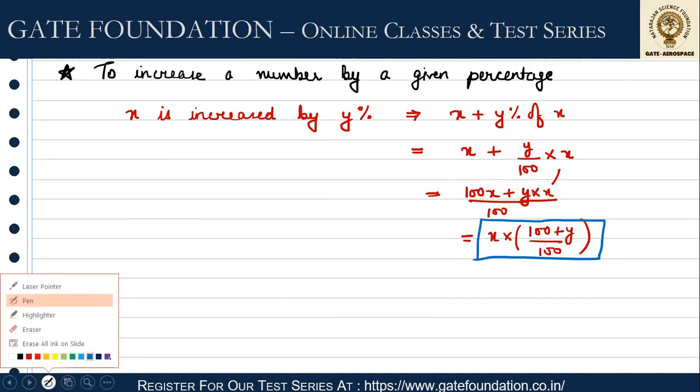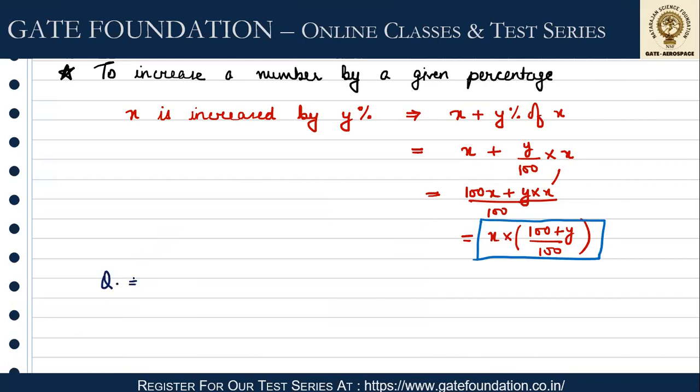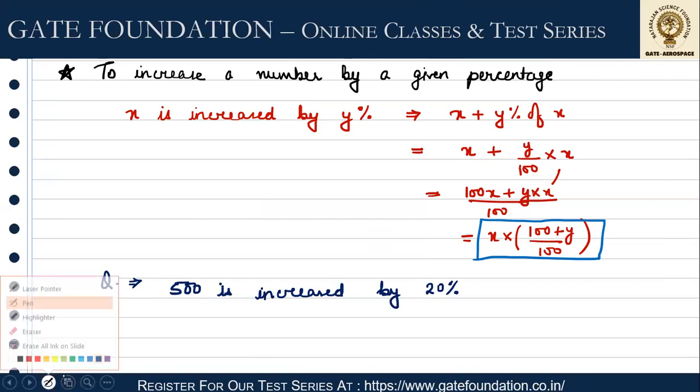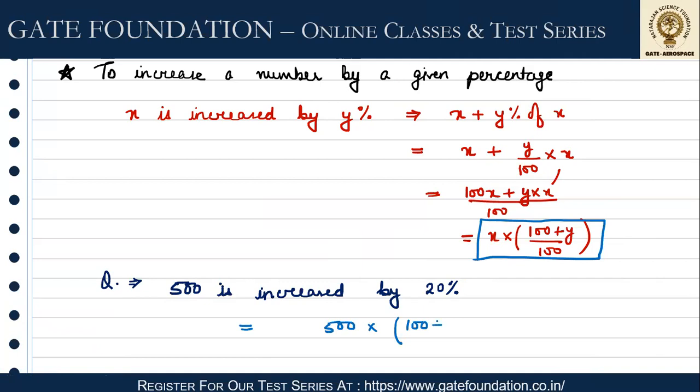Let's take an example to understand this. Let's say there is a number which is 500, right? So a number 500 is increased by, let's say, 20%. So over here, I can simply use this formula, right? So now x becomes 500 and it is increased by (100 plus 20) by 100.